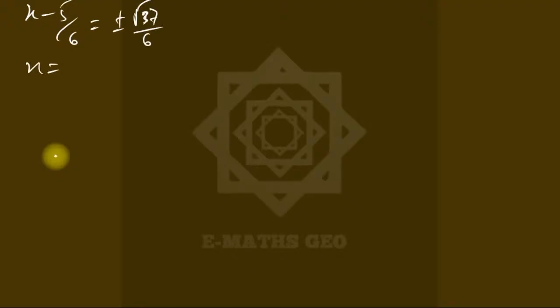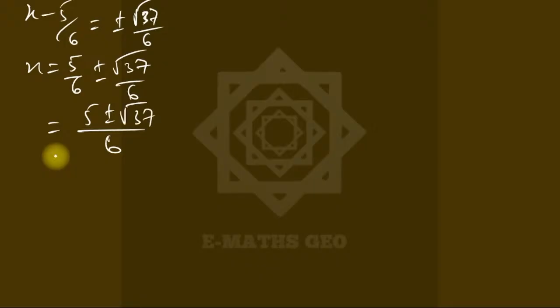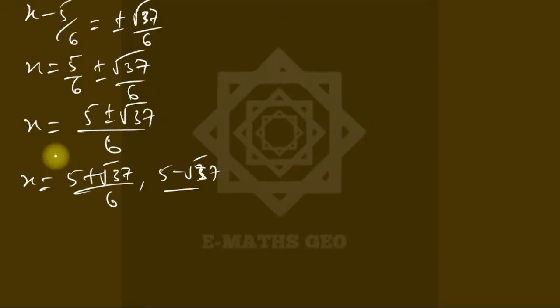So we move minus 5 over 6 to be plus 5 over 6 plus or minus 37 over 6. And this is 5 plus or minus 37, over 6. And you know this means two answers. The first one has taken the positive sign, the second the negative sign. So that's the meaning of it. That plus or minus, that's the answer.